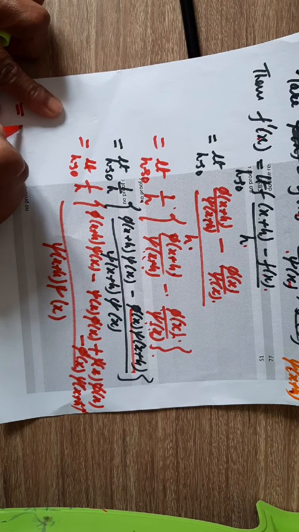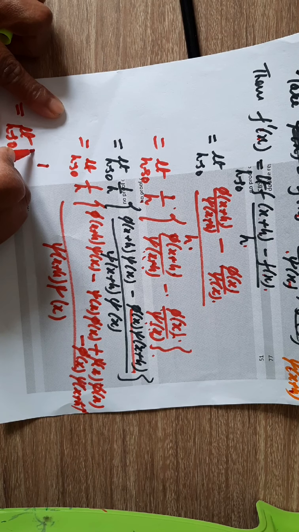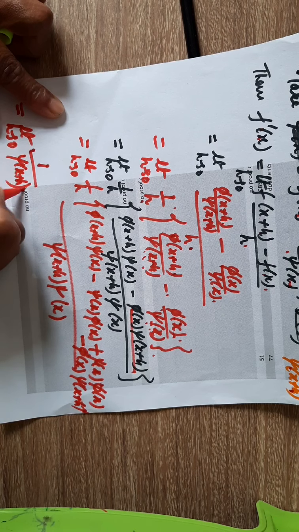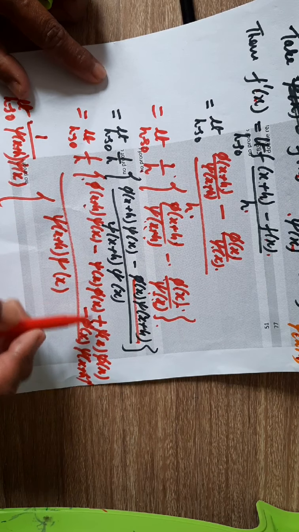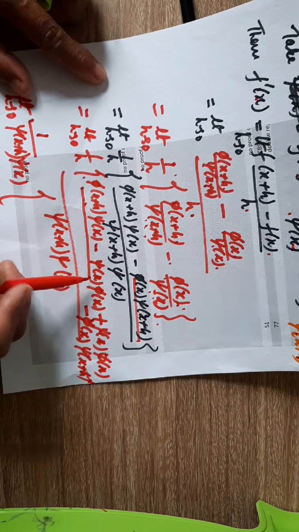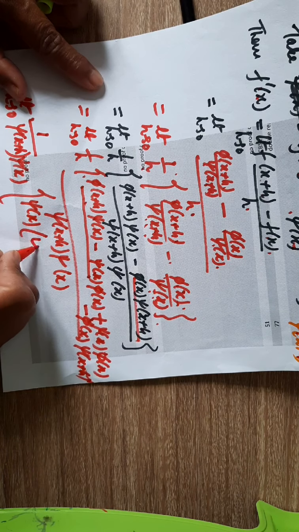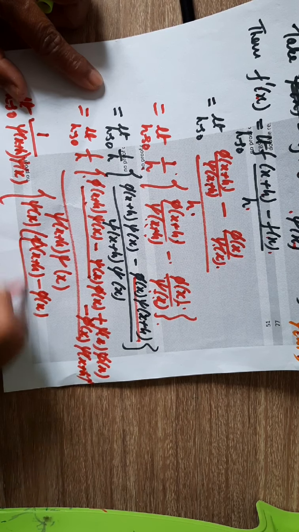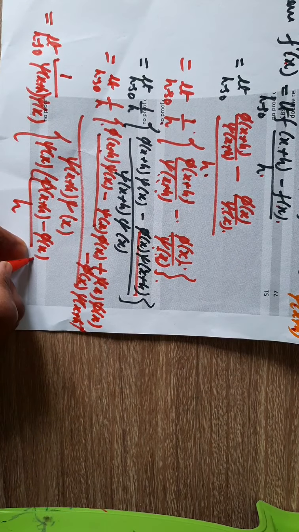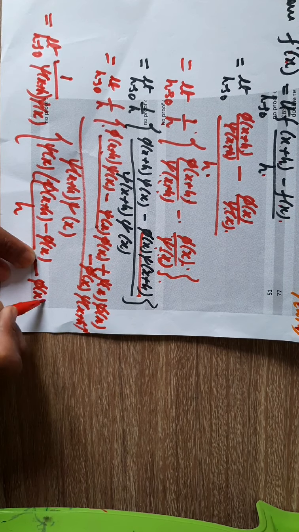So this is equal to limit h tends to 0. I can take this one as 1 by psi of x plus h into psi of x. Then I can bring back this denominator inside. So here I can combine these two. Psi of x is common here, so it will be psi of x into phi of x plus h minus phi of x divided by h, minus, then here I can take out phi of x common.